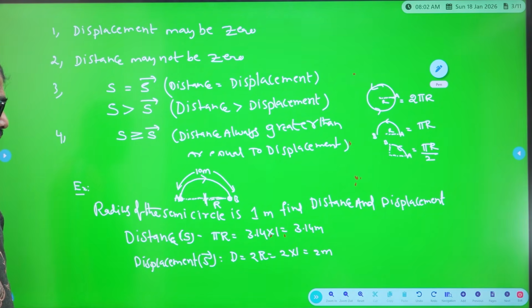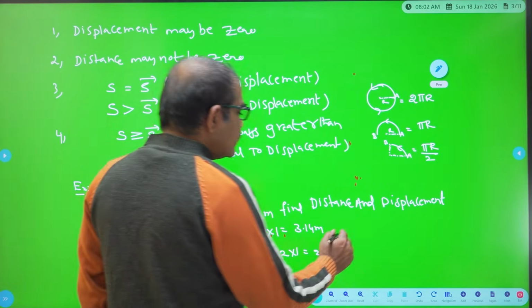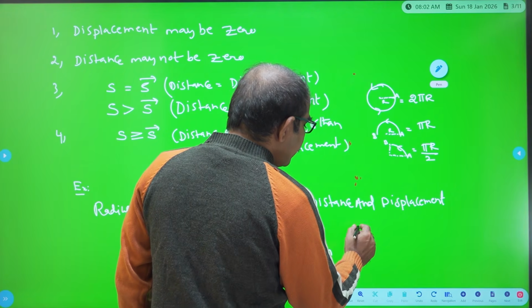Okay, now one more example. The body completes a quadrant circle.